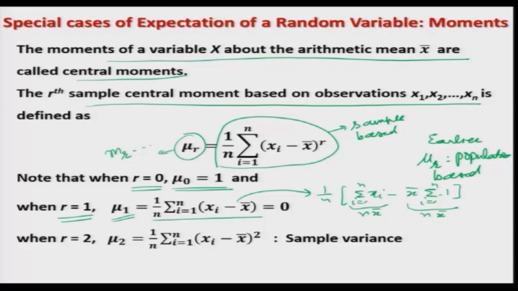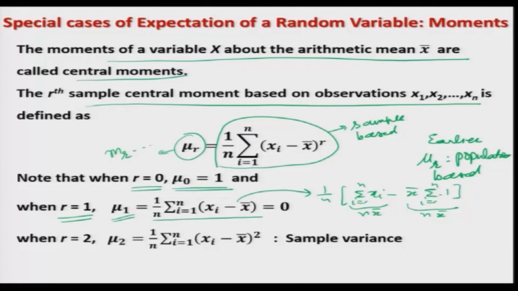So, this is a very important result that you have to always remember, that the sum of the observations measured as the deviation from the arithmetic mean is always 0.